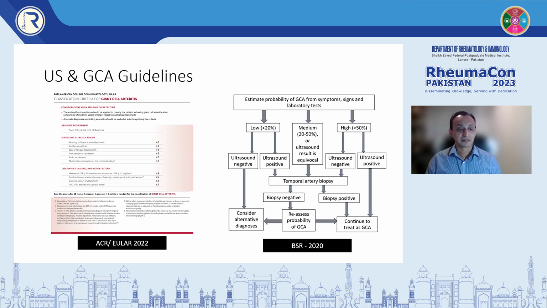Similarly, in ACR and EULAR 2022 classification criteria, ultrasound becomes an integral part and a very strong predictor of presence of giant cell arteritis. You score 5 if the patient is ultrasound positive. So the clinical guidelines across the world are adapting ultrasound in GCA practice as well.